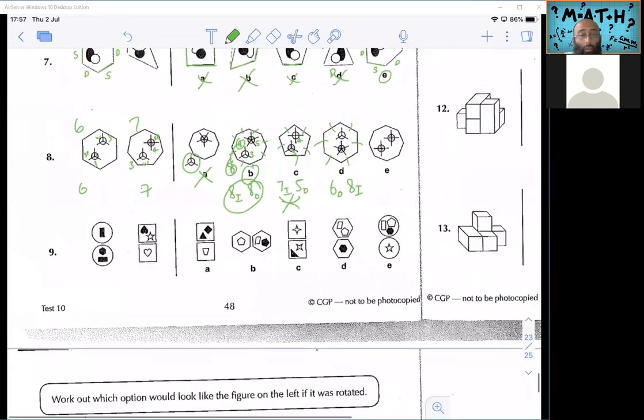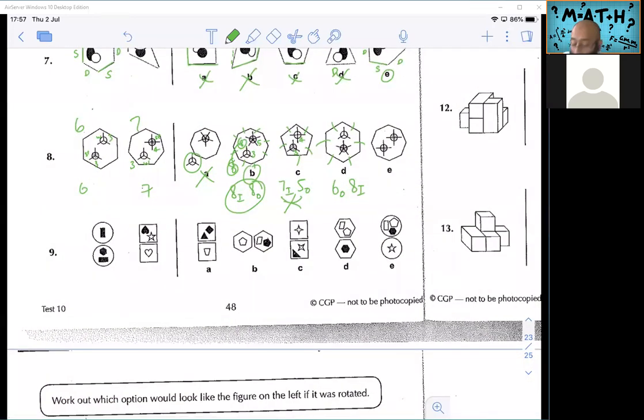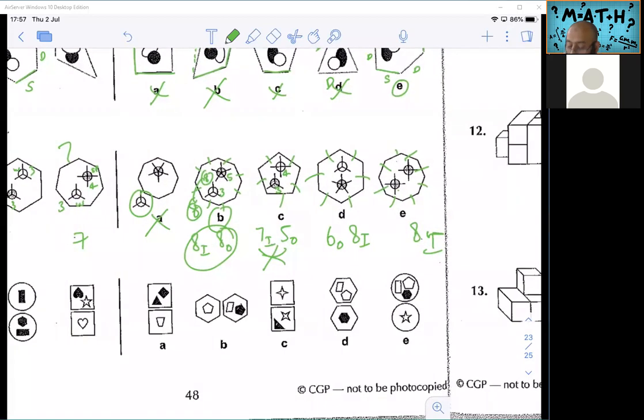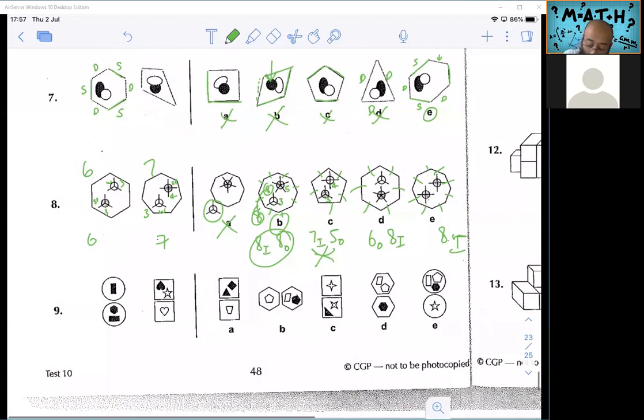But what about E? Okay, let's have a look at E then. So we have 4 on the inside, 4 on the inside, 8 on the inside. We have 1, 2, 3, 4, 5, 6, 7, 8. We have 8 there. Okay, here we have both, but there's one thing that's wrong with that one. Have a look over here.